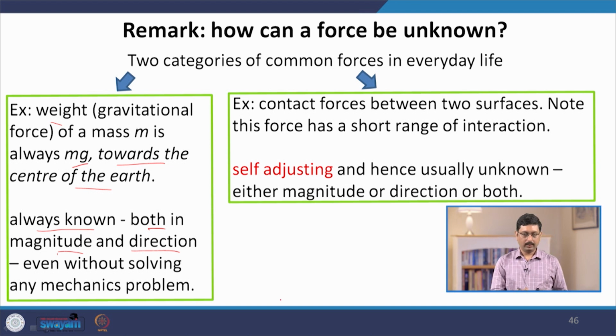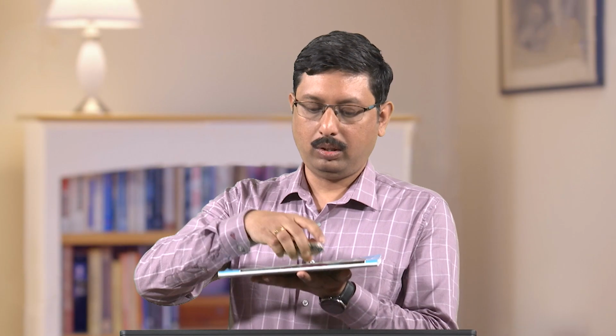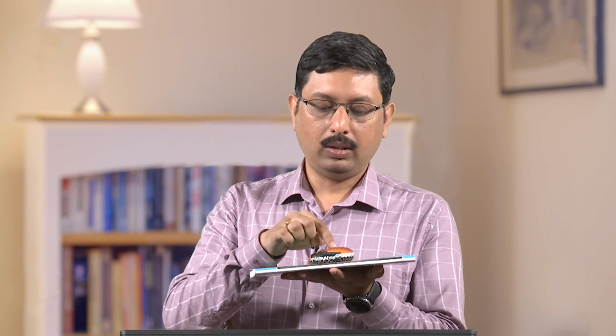Now, contrast this example with another situation, for example the contact forces between two surfaces. Remember the typical block on a plane problem. For example, if I take this block on the surface of the notebook, then consider the contact force between the block and the notebook.